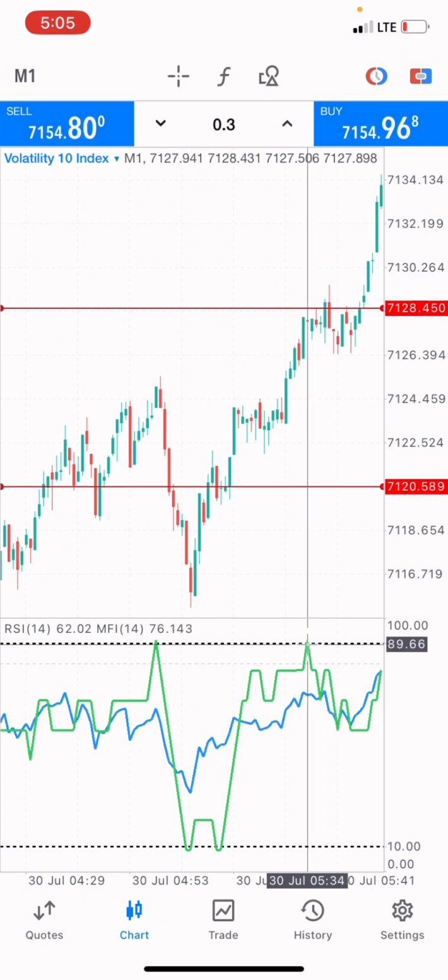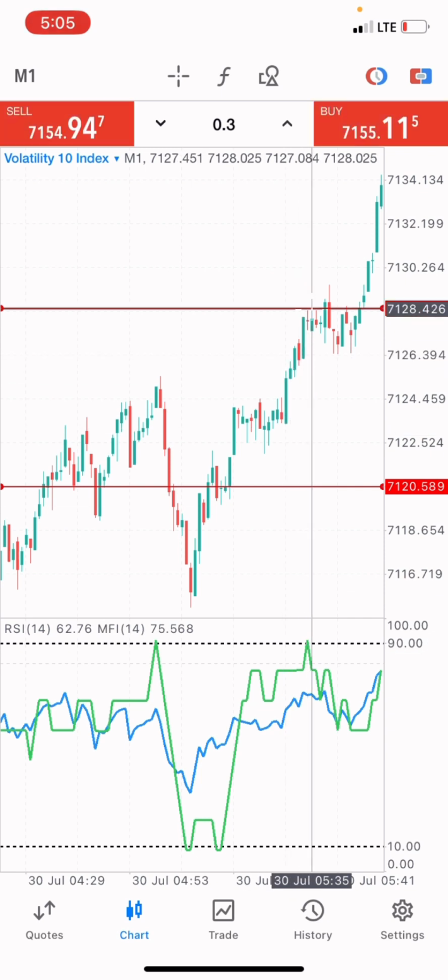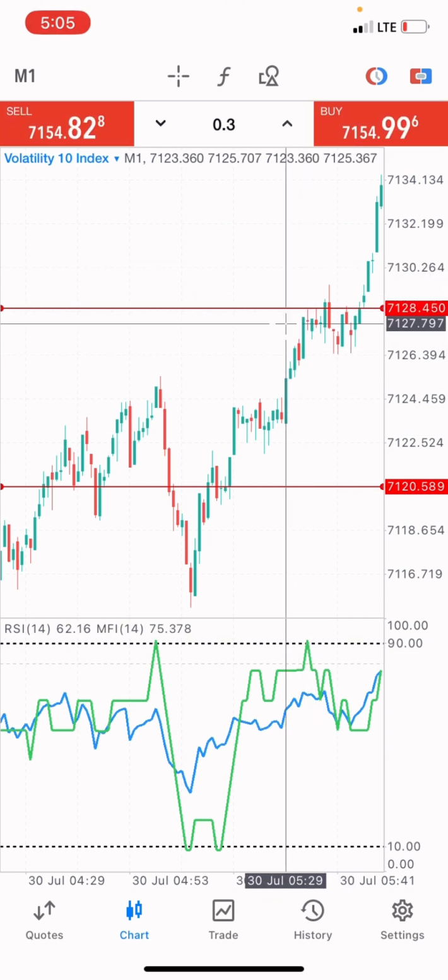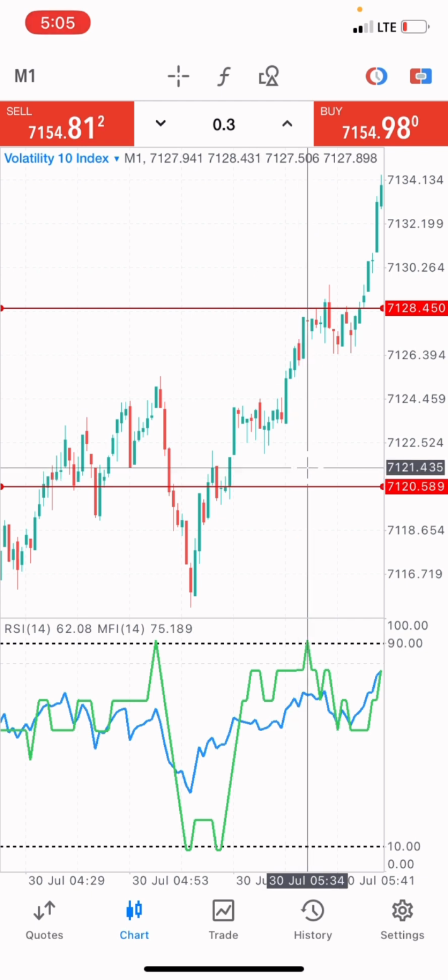At this point the MFI crosses level 90, but the market chart is not above the line, so you can't enter the market. You won't get red candles. I hope you understand this strategy that I just shared with you guys.